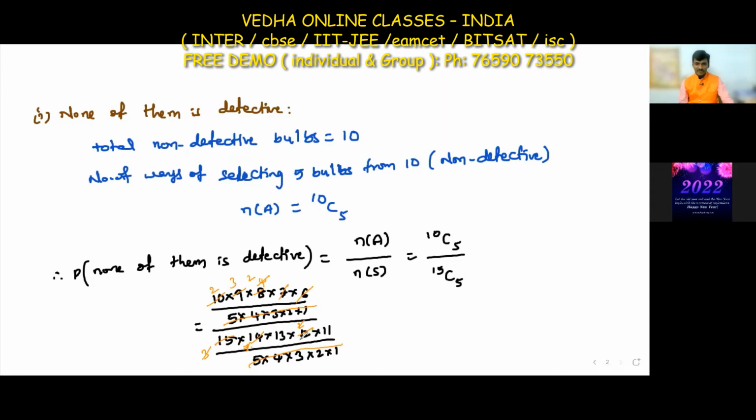Any more? In the denominator, 13 and 11 are there, they are prime numbers, except that the remaining terms cancel. The remaining terms are 3, 2 and 2, so 3 2s are 6, 6 2s are 12. So 12 divided by 13 into 11, that is 12 divided by 143. This is the probability that none of them is defective.